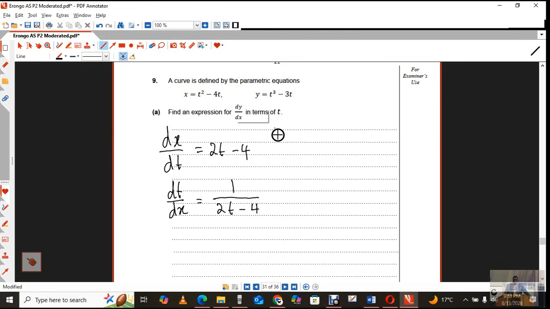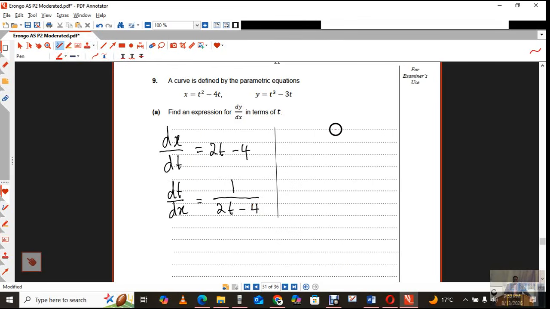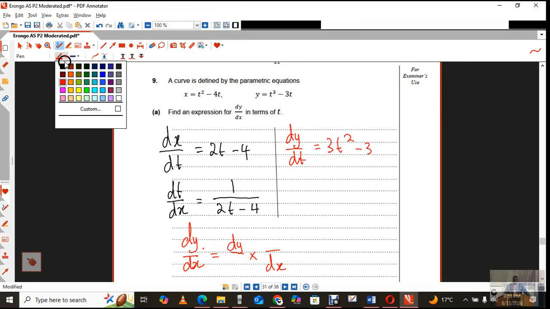The next one, obviously, is going to be dy dt, which is this one here, and that is 3t squared minus 3. Now remember the chain rule, dy dx is equal to dy dt times dt dx.